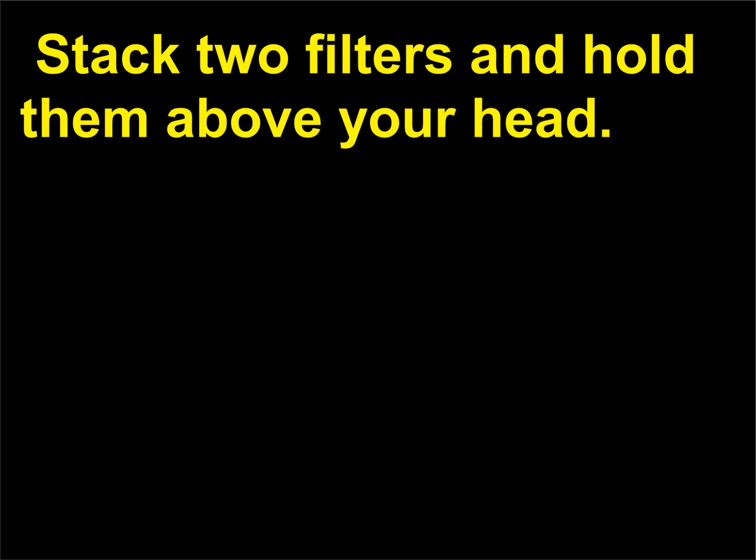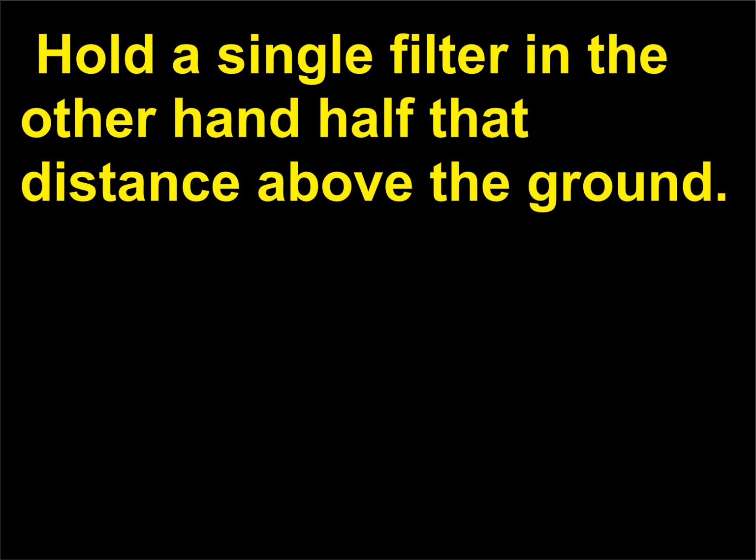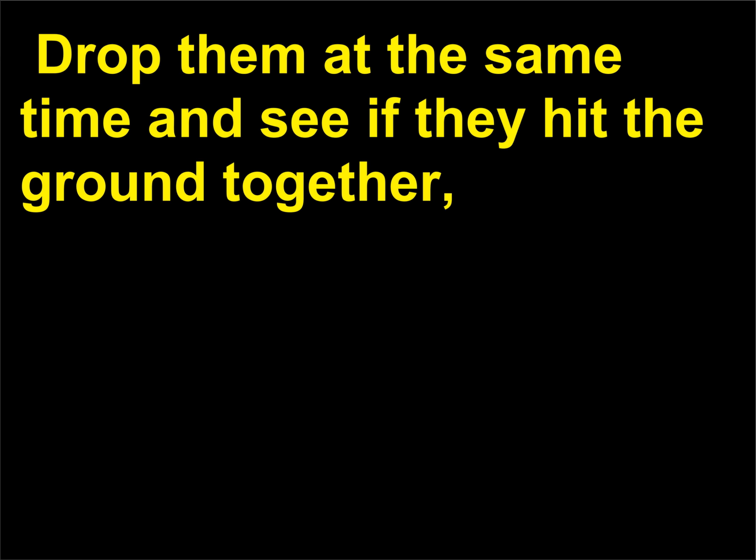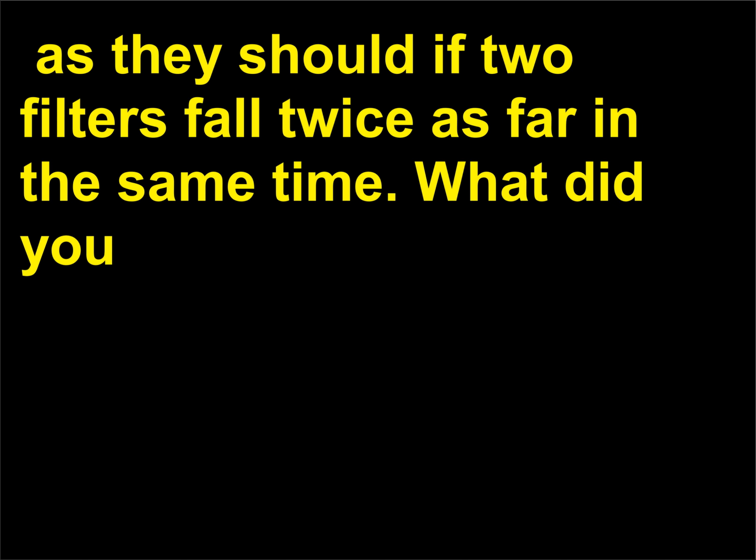Stack 2 filters and hold them above your head. Hold a single filter in the other hand half that distance above the ground. Drop them at the same time and see if they hit the ground together. As they should if 2 filters fall twice as far in the same time.